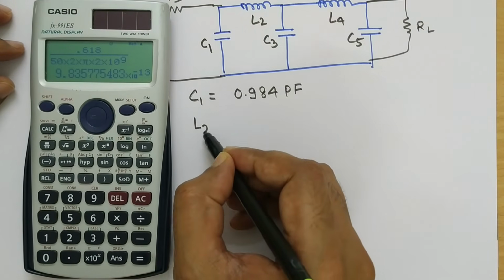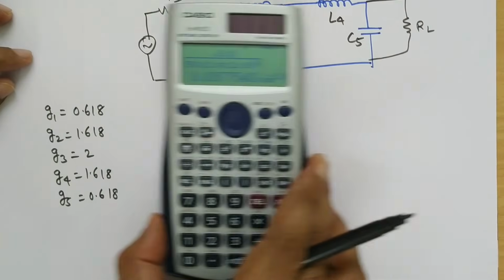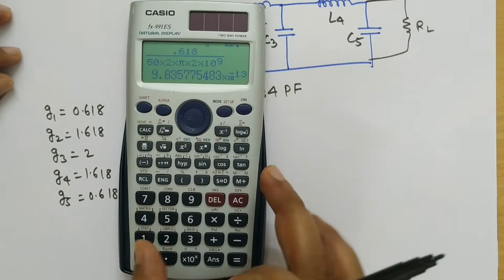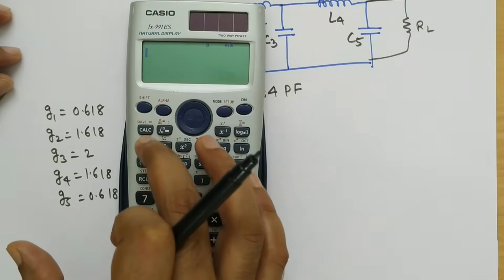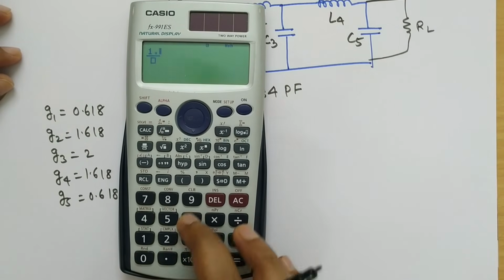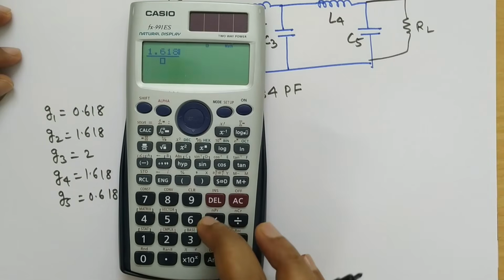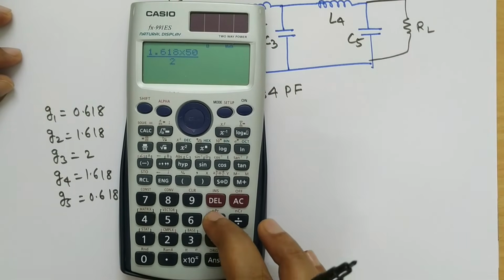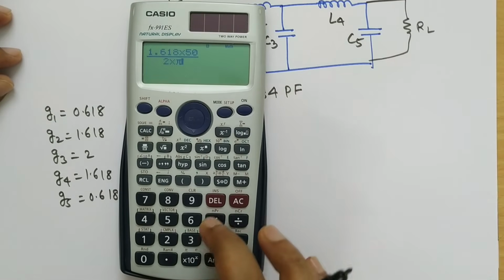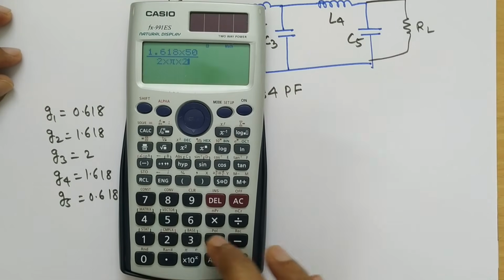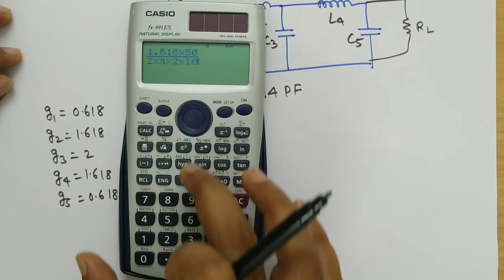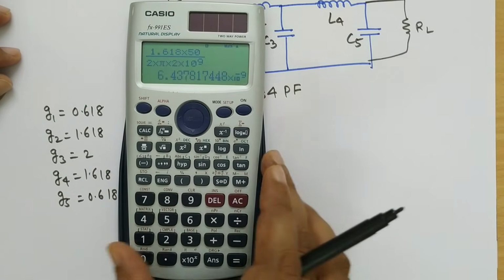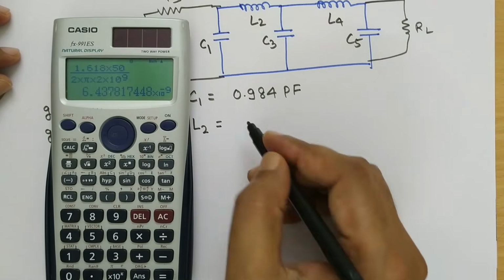Then we have L2. L2 depends upon 1.618, and we will calculate this as 1.618 multiplied by 50 divided by 2 into pi into 2 into 10 to the power 9. So it is 2 pi f, and this value is 6.43 nanohenry.